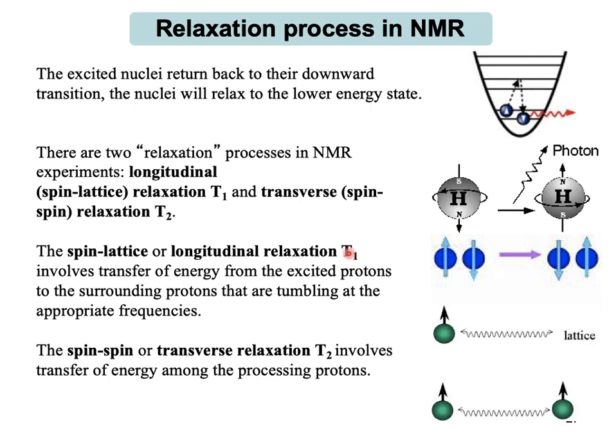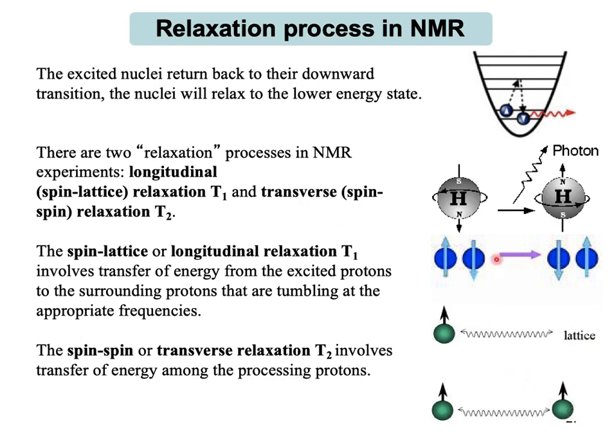In the case of longitudinal relaxation, what happens? It emits energy. The emitted energy can transfer in two ways: either to the environment, or to the neighboring proton or neighboring atom.